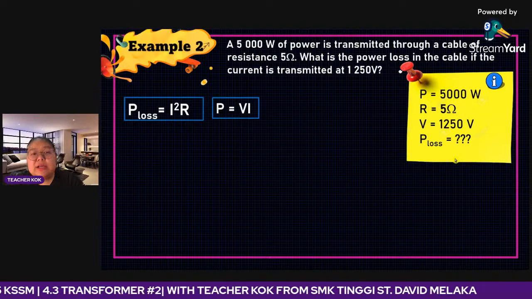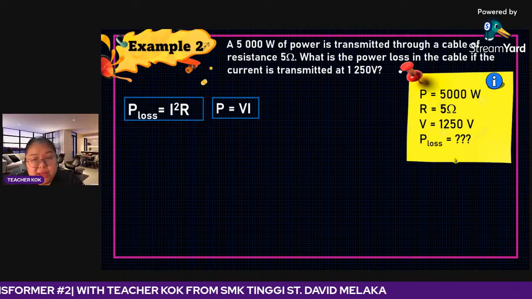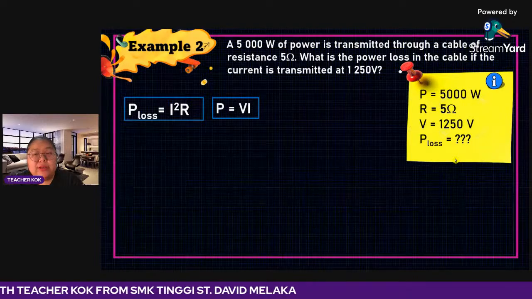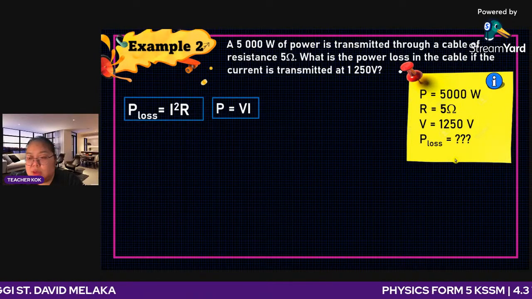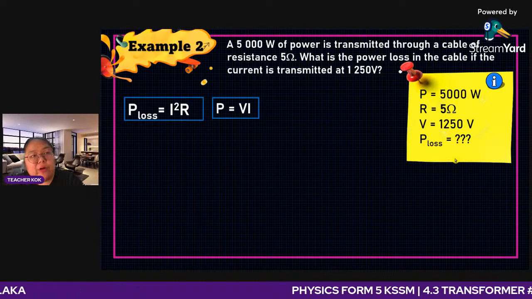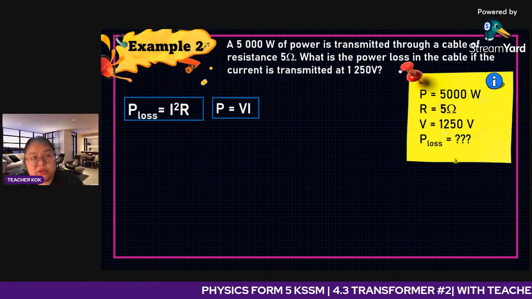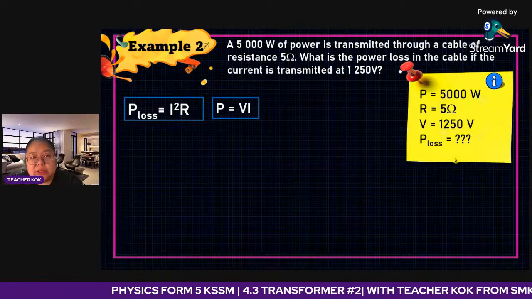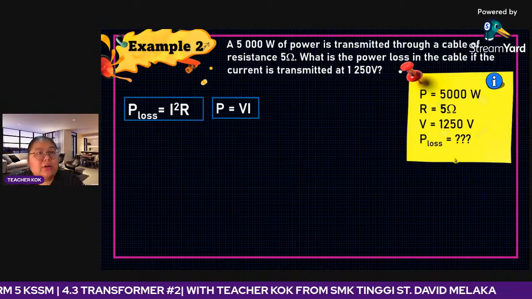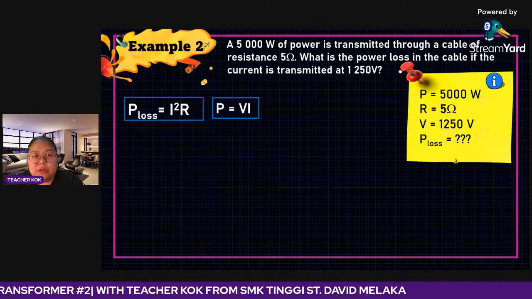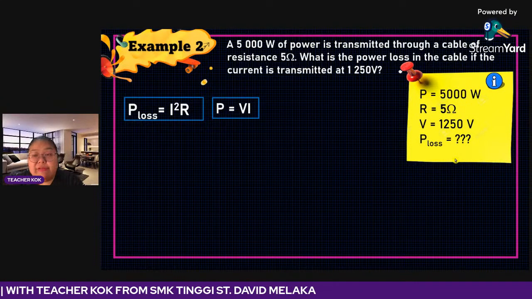Some students you can start to do the calculation for current. Then some students you can straightforward get the current to do the calculation for power loss. So you can straightforward type for me current is how many, power loss is how many. We're going to wait for the students to do the calculations. Understand the question and write the info.